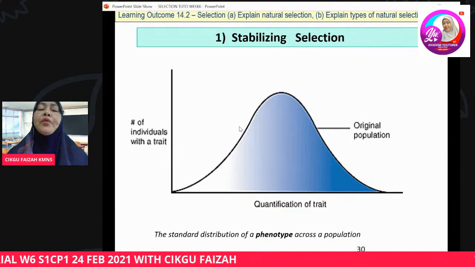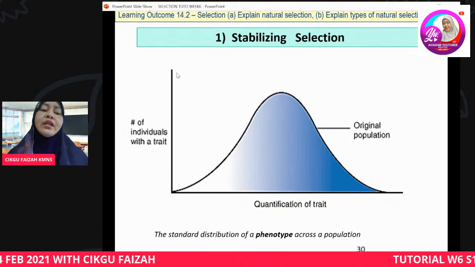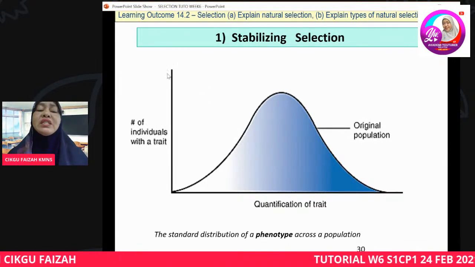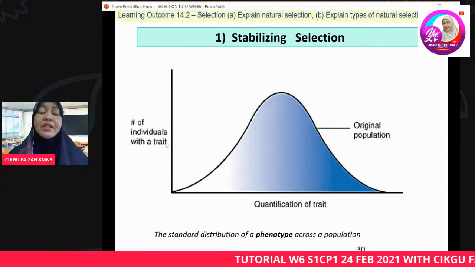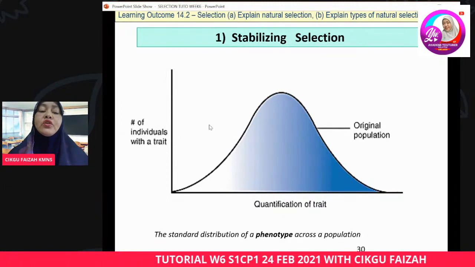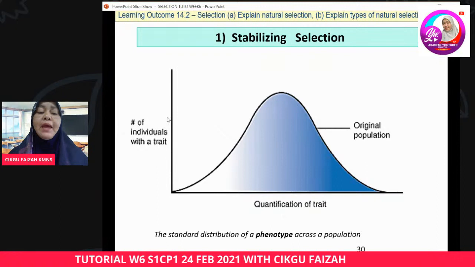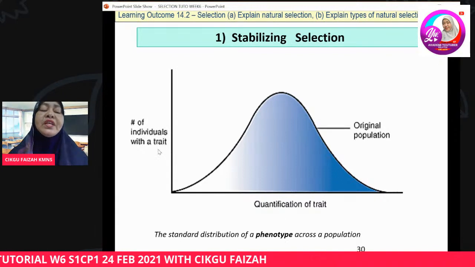When you are plotting a graph, the most important thing you have to consider is the parameter for each axis. The y-axis you label as the number of individuals.